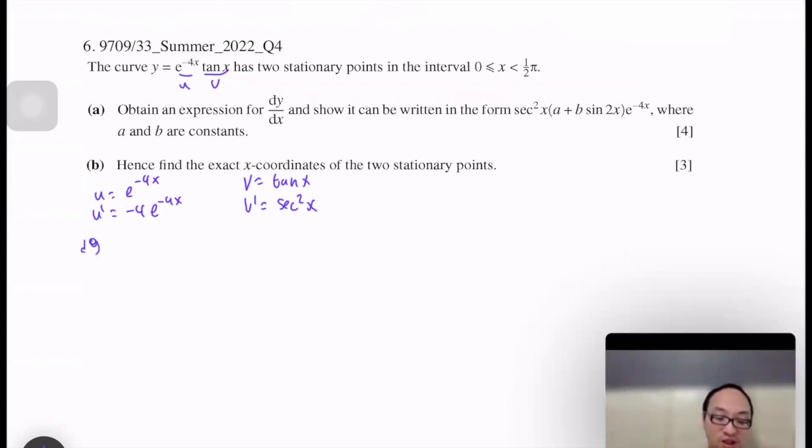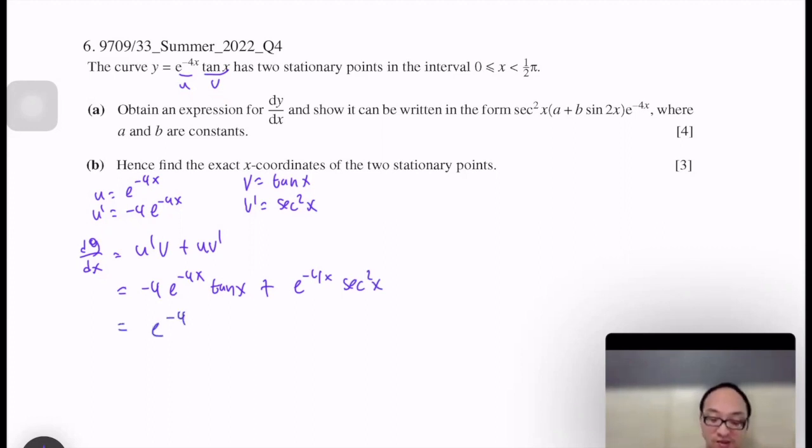So dy/dx equals u prime v plus u v prime. That is -4 e^-4x tangent x plus e^-4x secant square x. So we can factorize e^-4x, leaving -4 tangent x plus secant square x.